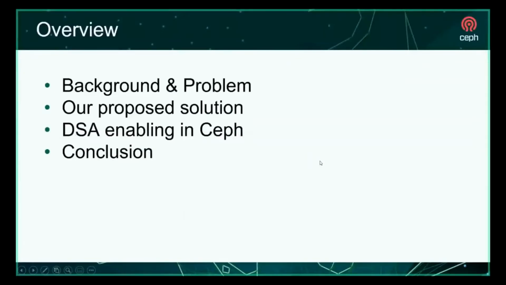So I think my presentation can be divided into the following four parts. The first will be the background and the problem, and secondly, we will introduce our proposed solution, that is to leverage hardware-based offloading technique to mitigate the CPU's bottleneck when operating persistent memory devices.